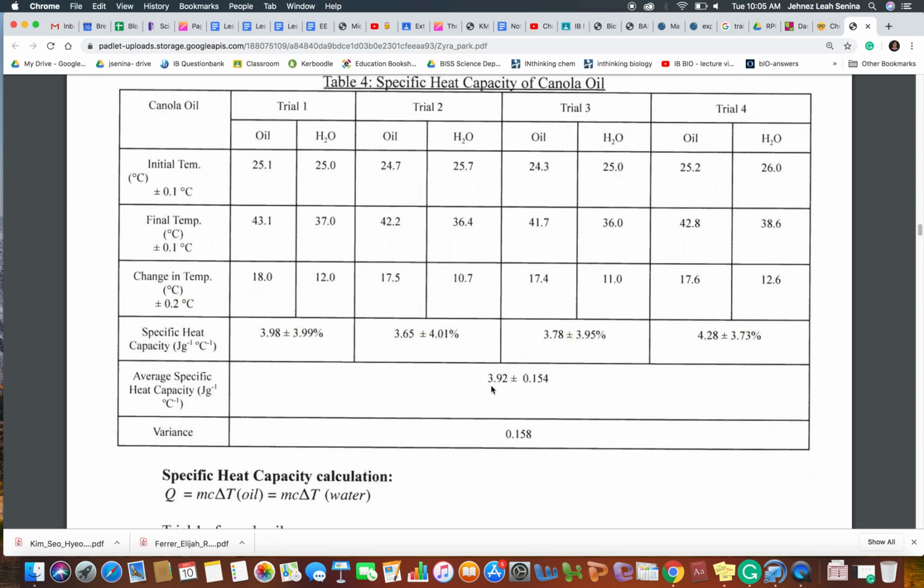Did you calculate this, right? 3.92 times 0.09. Okay, so that's the absolute uncertainty here, 0.154. If you want, you can actually put 3.92 plus minus 3.92% or plus minus absolute uncertainty, that's fine.